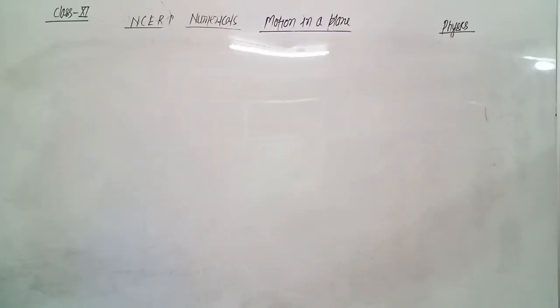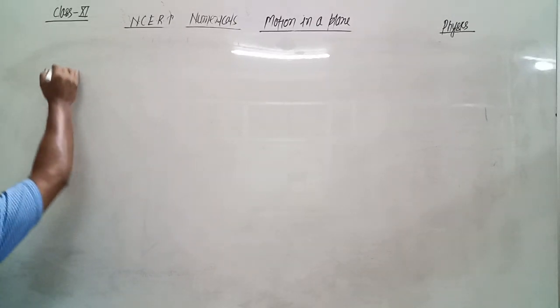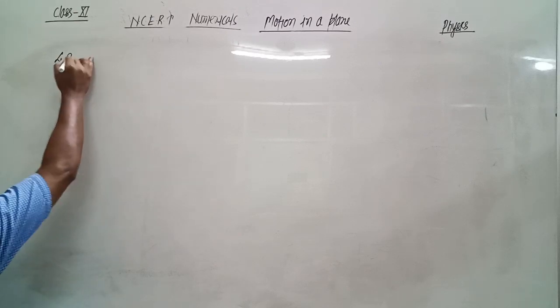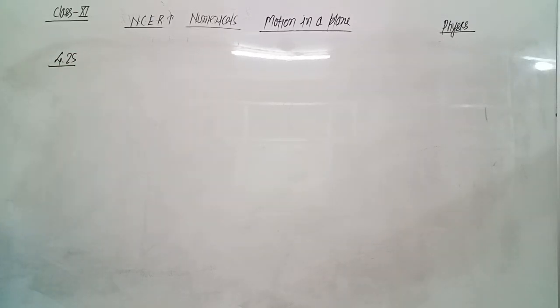Now question number 4.25. An aircraft is flying at a height of 3400 meters above the ground. If the angle subtended at a ground observation point by the aircraft positions 10 seconds apart is 30 degrees, find its speed.